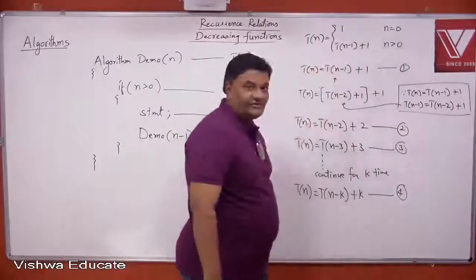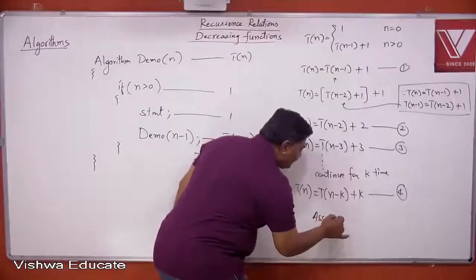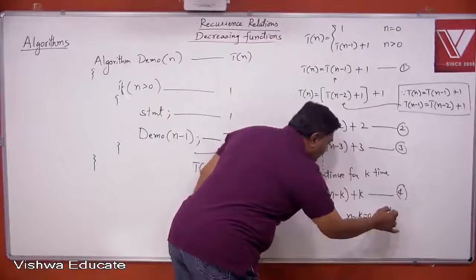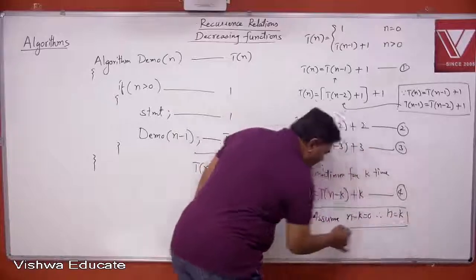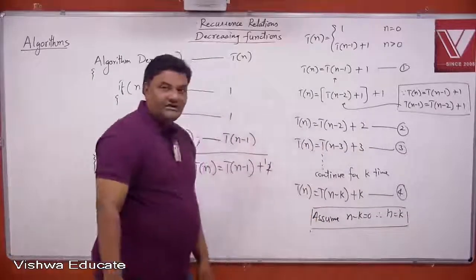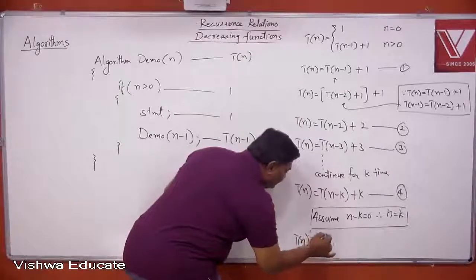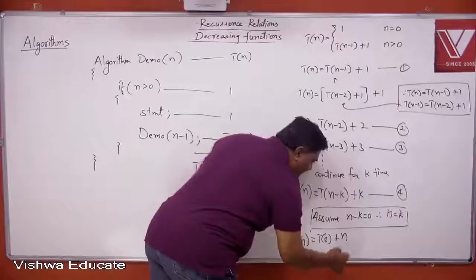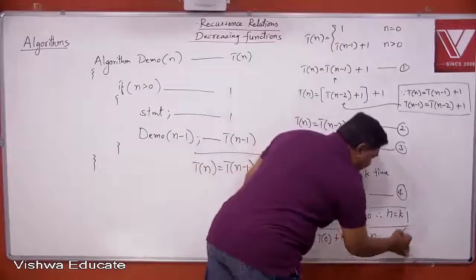So we assume n minus k is equal to 0, therefore n is equal to k. This is the assumption. Then Tn is equal to T0 plus k, where k is n. So this is 1 plus n, and this is theta of n.